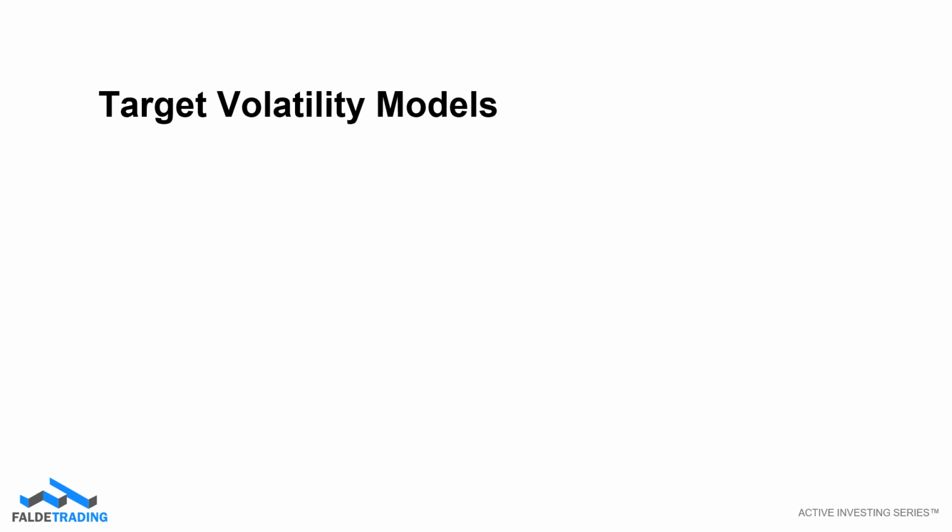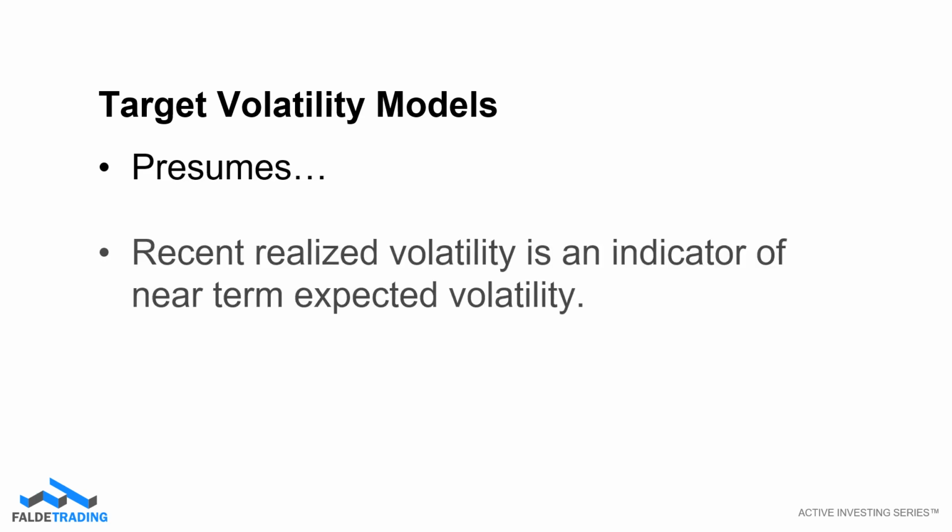And so target volatility models are presuming some things. And it presumes that recent realized volatility is an indicator of near-term expected volatility. All right, what does that mean? That means if the market gets more volatile, then the market is risky.